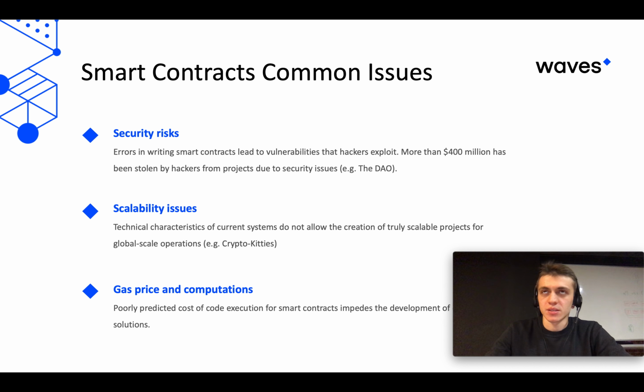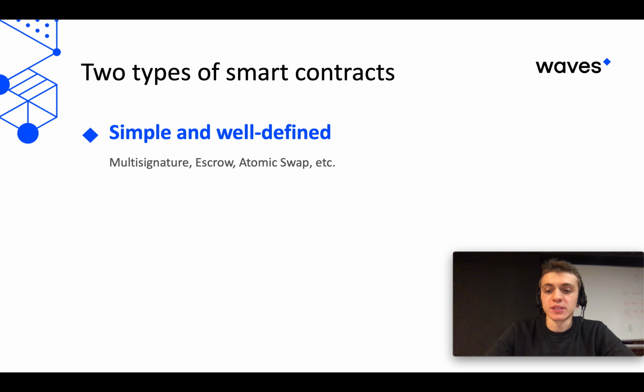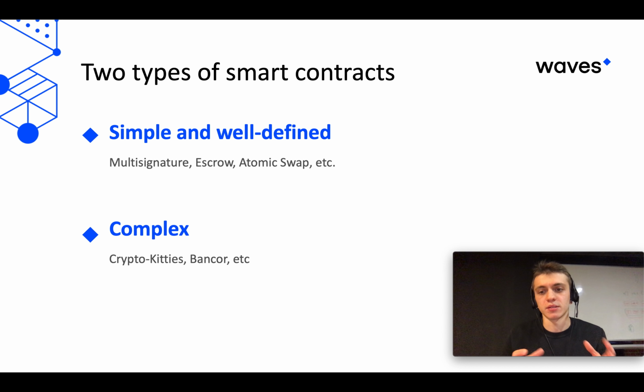So in Waves we tried to understand the main use cases of smart contracts, and we found three types of use cases. The first category is simple and well-defined use cases like multi-signatures, escrows, atomic swaps, etc. The second type is really complex, complicated use cases, like CryptoKitties, Bancor.